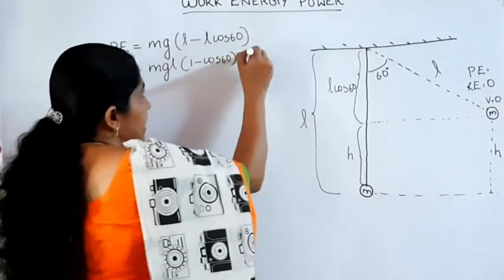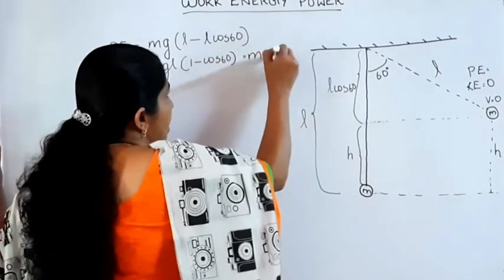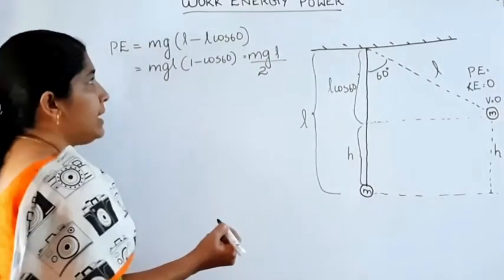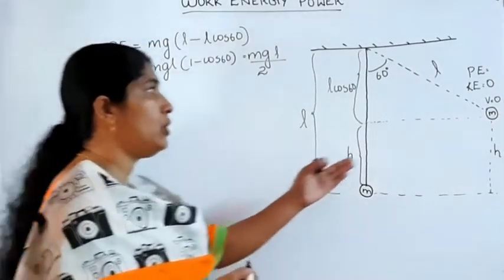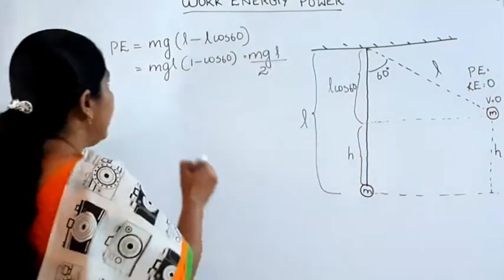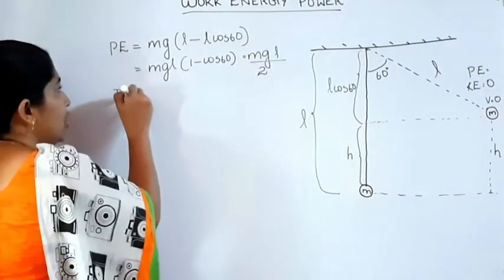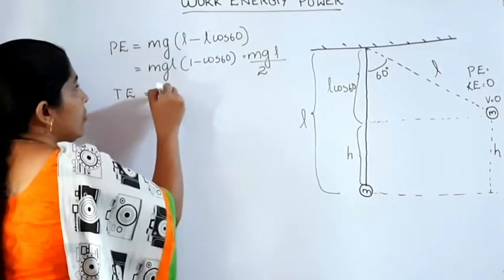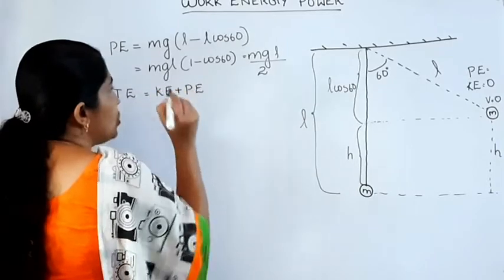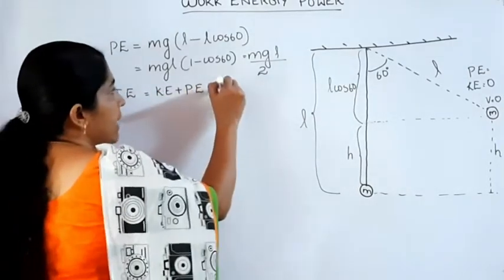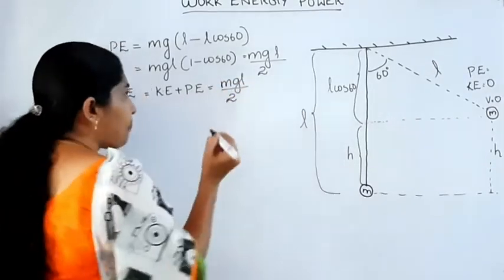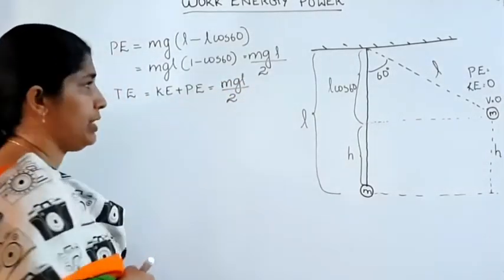Therefore, we can write it as mgL divided by 2. Then what about the total energy at that position? Total energy is equal to kinetic energy plus potential energy. Kinetic energy is equal to 0. So, we can write mgL divided by 2. That's the total energy when it is at an angle 60°.